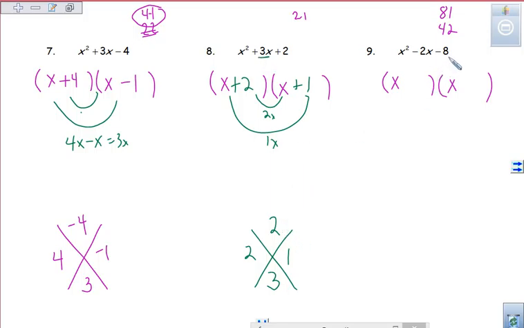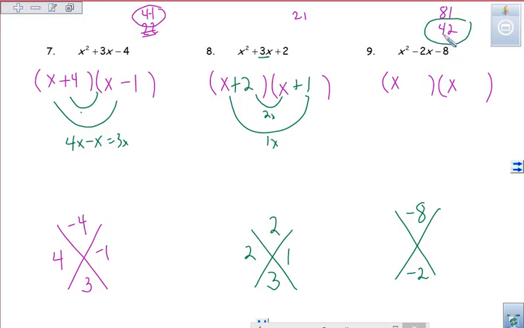Number 9. Factors of 8: 8 and 1, 4 and 2. We need to add to a negative 2. So I'm leaning to these two numbers. To multiply to a negative number, one of them has to be negative. To add to a negative number, we have to figure out which number needs to be bigger.